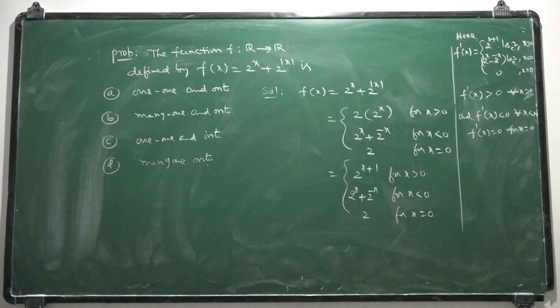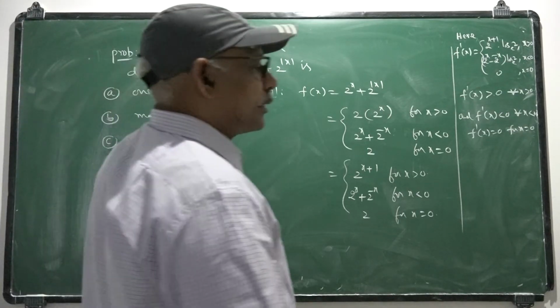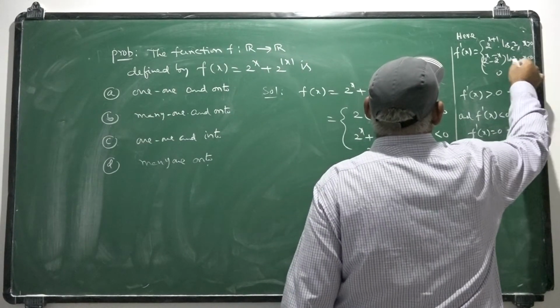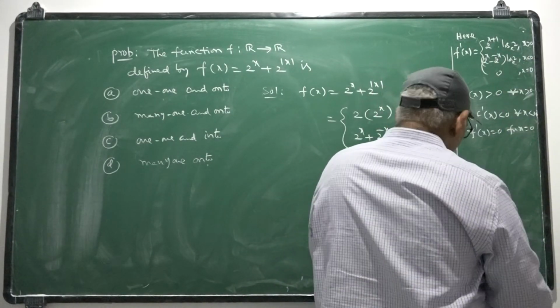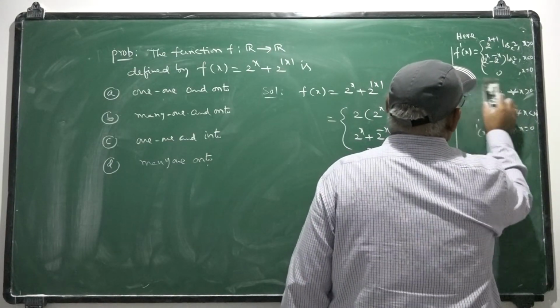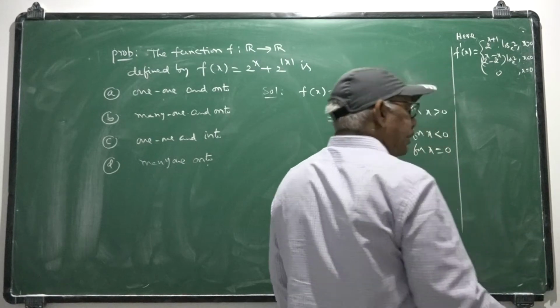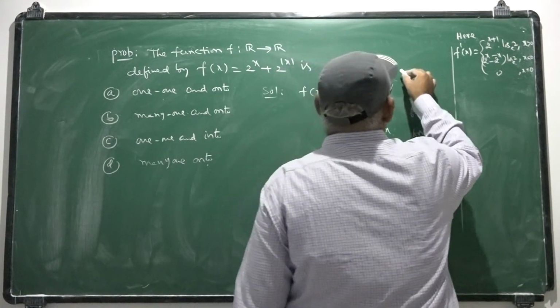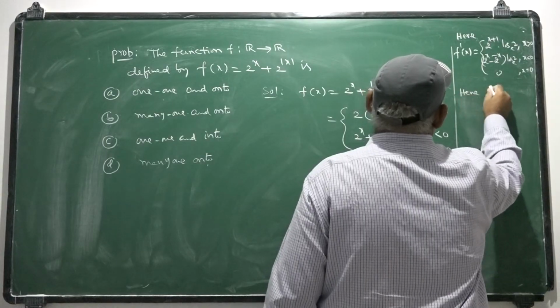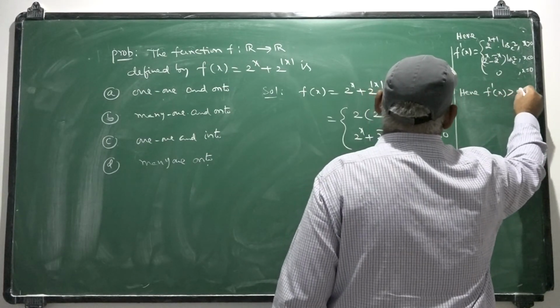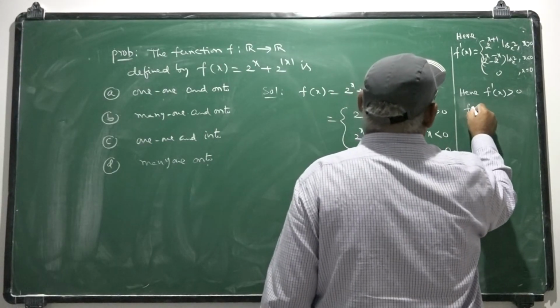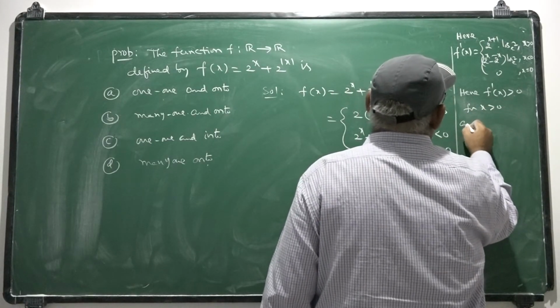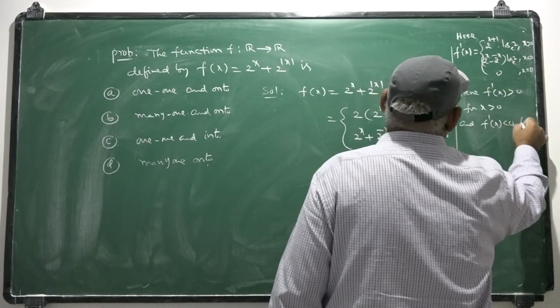For x being positive, the function is increasing. As x increases, the value increases. Even though it takes negative values, it is strictly increasing. Here f dash x is positive for x greater than 0 and f dash x is negative for x negative.